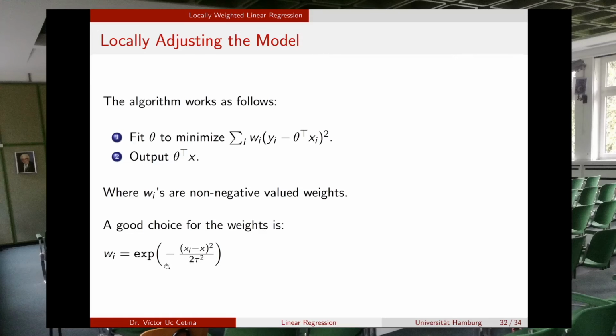So those houses that are more similar will have a larger W, and those that are less similar will have a small W. And this tau is simply a constant for which you will need to find the optimal value that works well with your data.